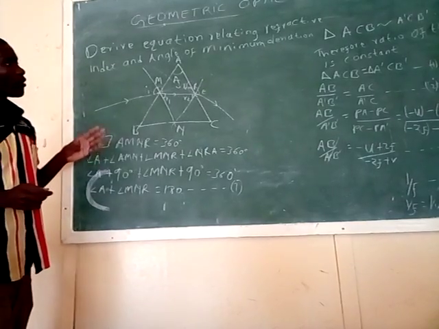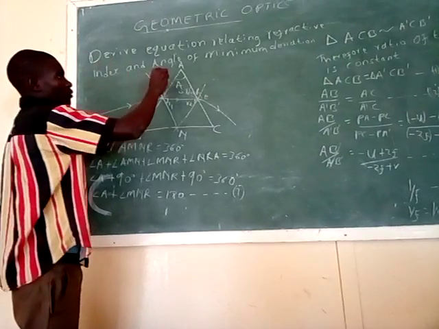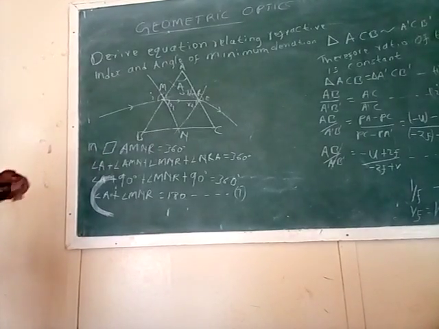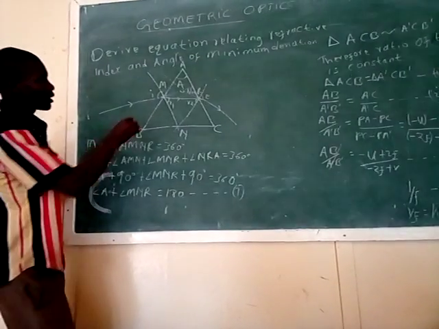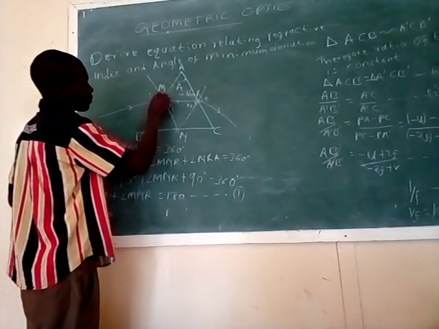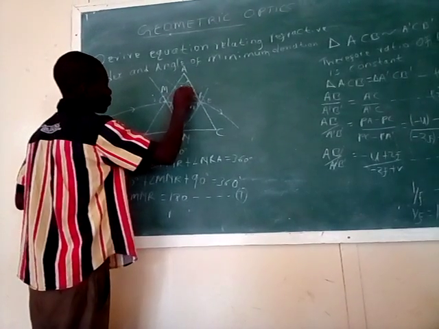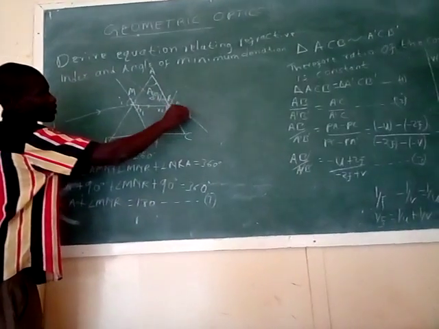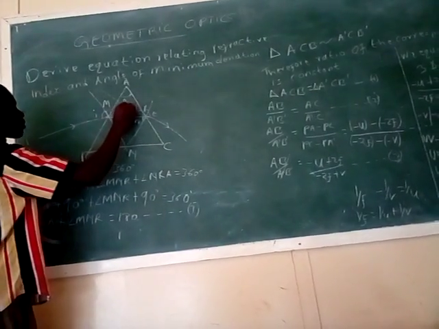First, we took the angles within the quadrilateral, which is this one. Second, we can take triangles. There are different triangles in this part. We have triangle MNR. We can call the point where the incident ray and the emergent ray meet O, where the angle of deviation is.